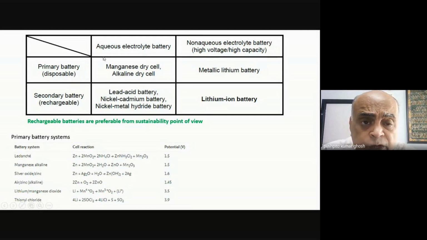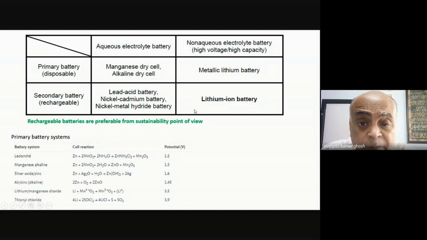The other thing that you need to know is that batteries traditionally developed were all aqueous batteries. It may even have been a paste type of thing, but it would still have some kind of water-based composition. Then you have the non-aqueous battery. That's where the famous lithium-ion battery comes, and its predecessor, the lithium battery, which was a primary battery.